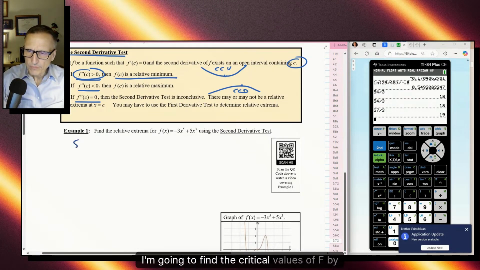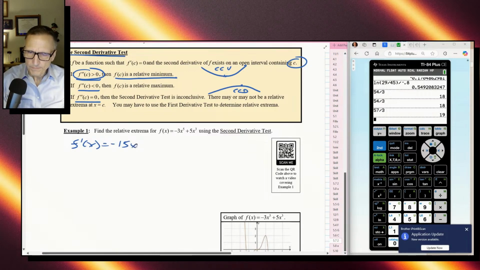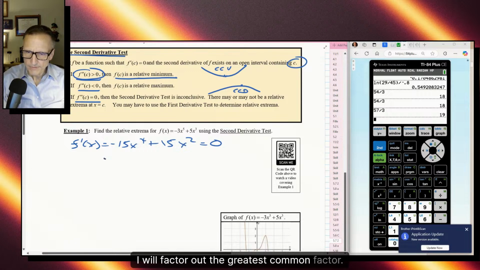I'm going to find the critical values of f of x by setting its derivative equal to 0. I will factor out the greatest common factor.